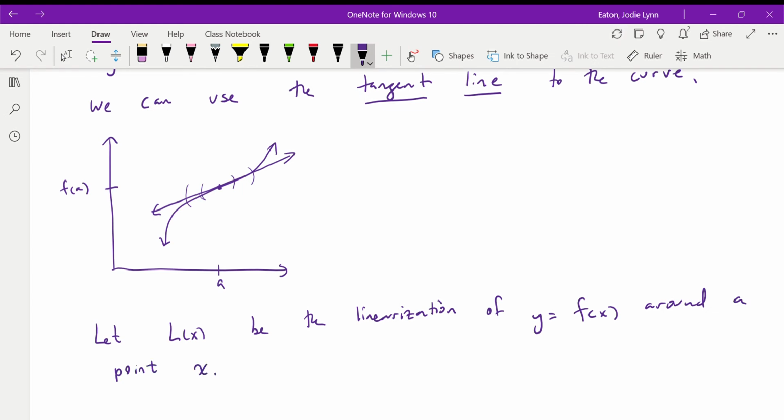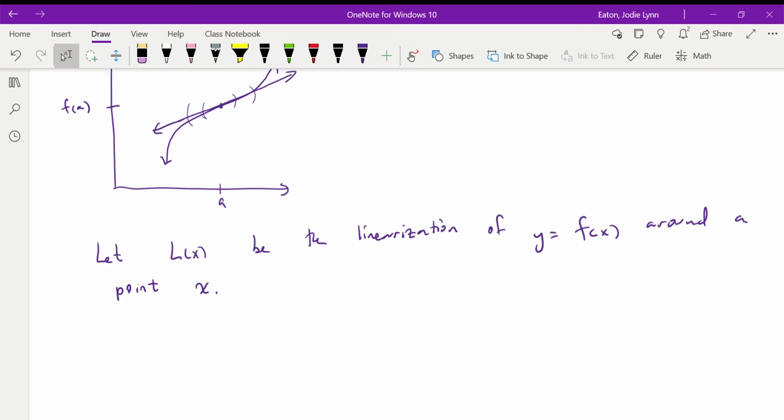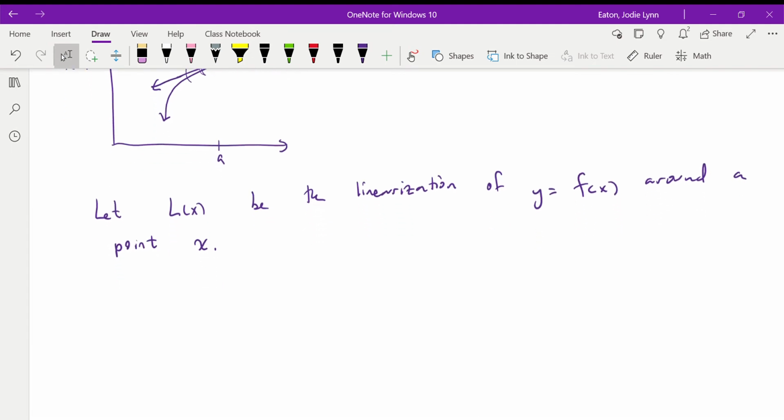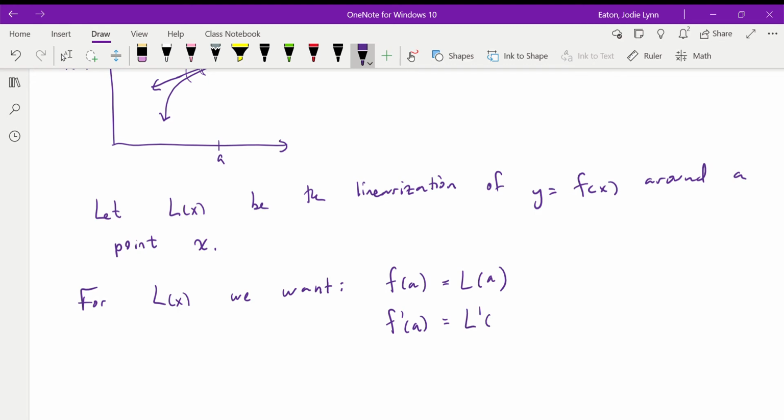Okay, so for L of x, we want f of a to be equal to L of a. We want the linearization to have the same point, to actually pass through that point. And we want f prime of a to equal L prime of a. So we want the derivative at the point to be the slope of the line, which means we are finding the line that is tangent.